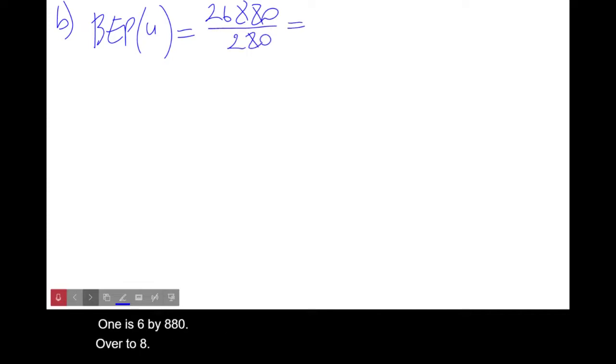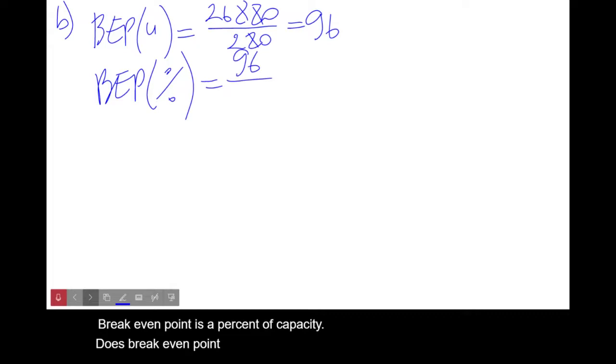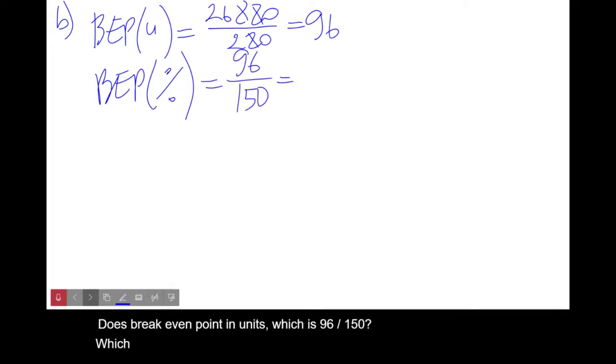So let's see. It's 96 units. Break-even point as a percent of capacity. That's break-even point in units, which is 96 over 150, which is X max. So we have 64%.